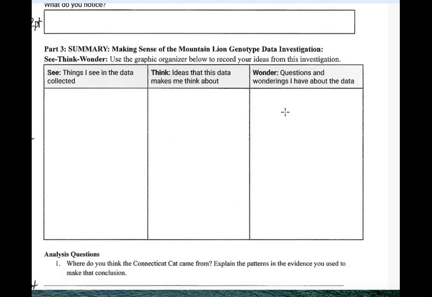Okay, next we have a See, Think, Wonder. You're going to use the graphic organizer below to record your ideas from this investigation. So things you see in the data collected, think, ideas that this data makes me think about, and wonder, questions and wonderings that you have about the data.